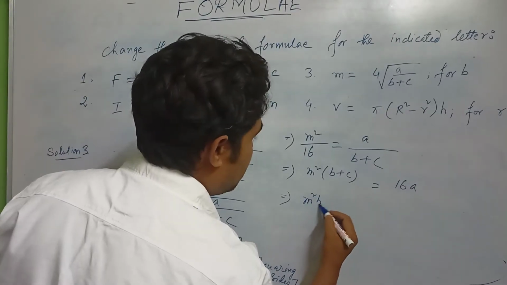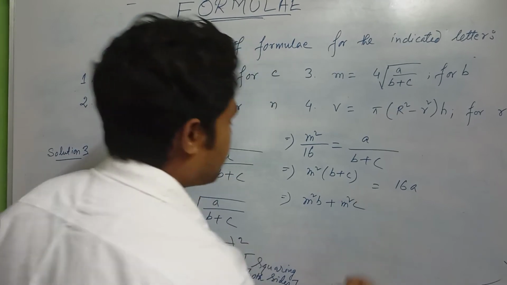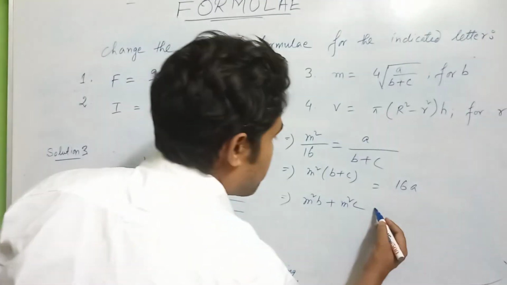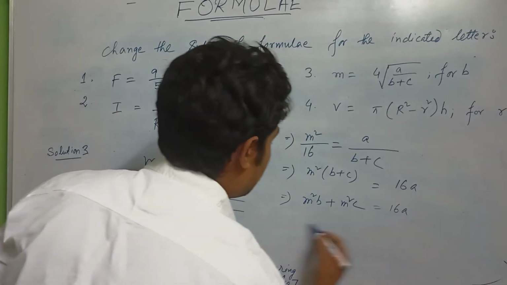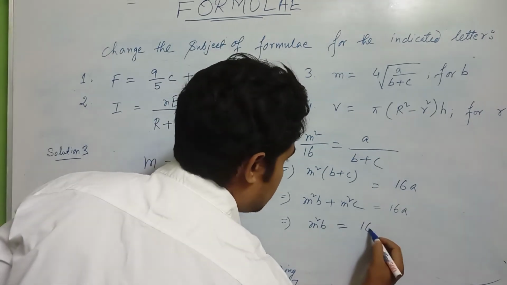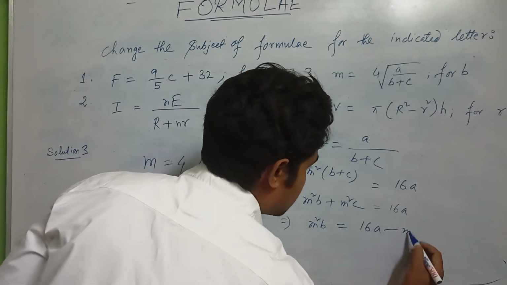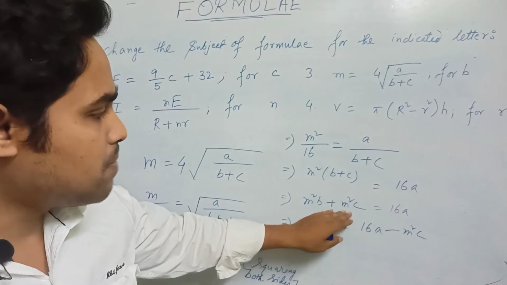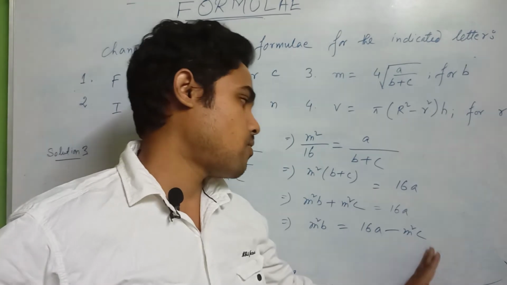m square b plus m square c, m square into b plus m square into c equal to 16a, implies m square b equal to 16a minus m square c. Why I did this? I shifted this m square c towards right hand side.